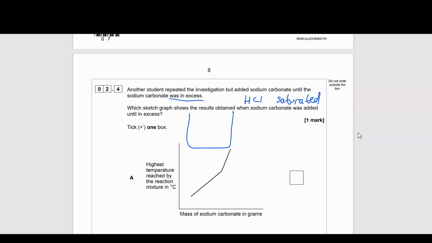How do we know that? Well, in our container, we have our hydrochloric acid, and then we might start to see a solid lump appearing at the bottom of our beaker or container. In this case, that would be the sodium carbonate, as it can't be dissolved anymore.